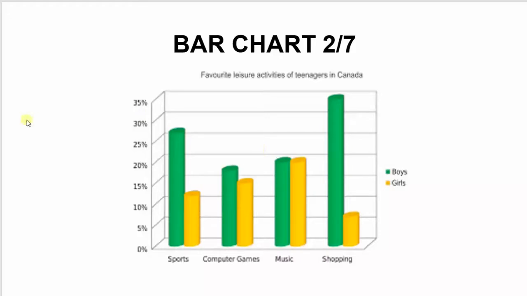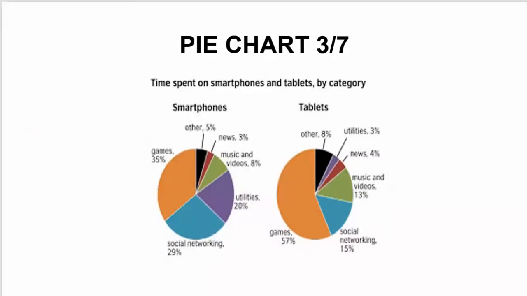The next one is pie chart. Pie chart or pictograph. In a pie chart, you can see the components which forms a whole. Normally, all these variables amount to a total percentage of 100, and each variable forms a part of the whole or the circle. It also has a title that talks about what the chart is about. In this diagram, it is about the time spent on smartphones and tablets by category. So we have smartphones over here and we have tablets over here.